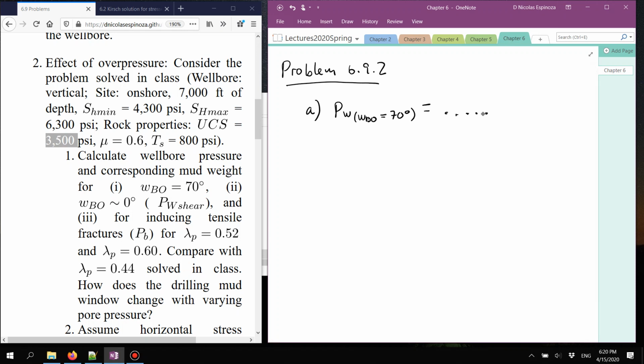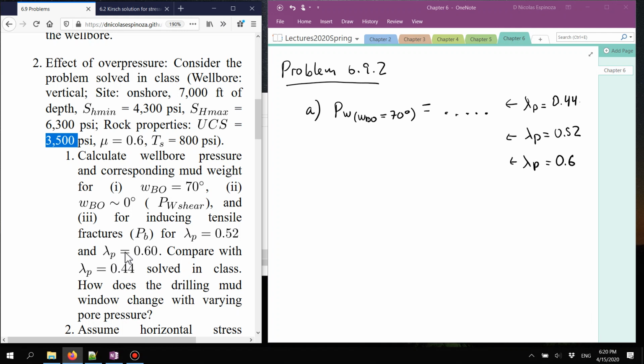And I'm going to ask you to repeat this same problem for 3 cases with different values of pore pressure. So there is going to be a solution for hydrostatic condition that we have already worked with, but then I'd like to see another solution for a mild overpressure and another one for a higher overpressure of 0.6.